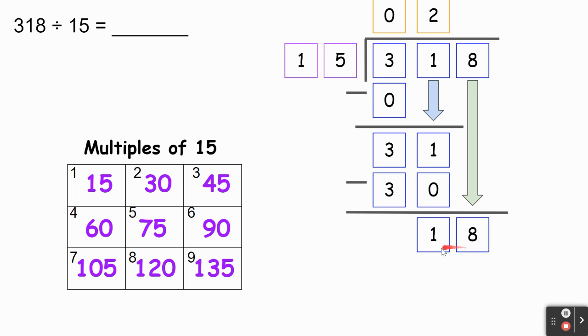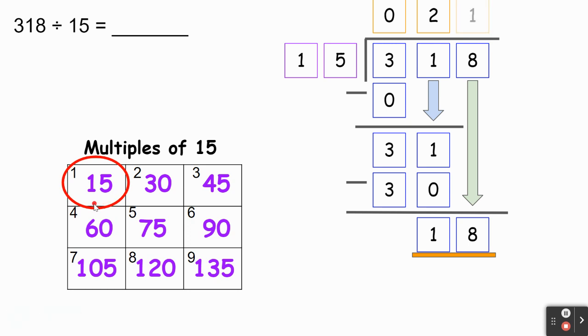So we have 18 ones. We're going to look at our multiples of 15 to see which gets us closest to 18 without going over. We can see that the first multiple of 15 gets us closest to 18 without going over. So that means we're going to give each group 1, and we'll share a total of 15 between all the groups.